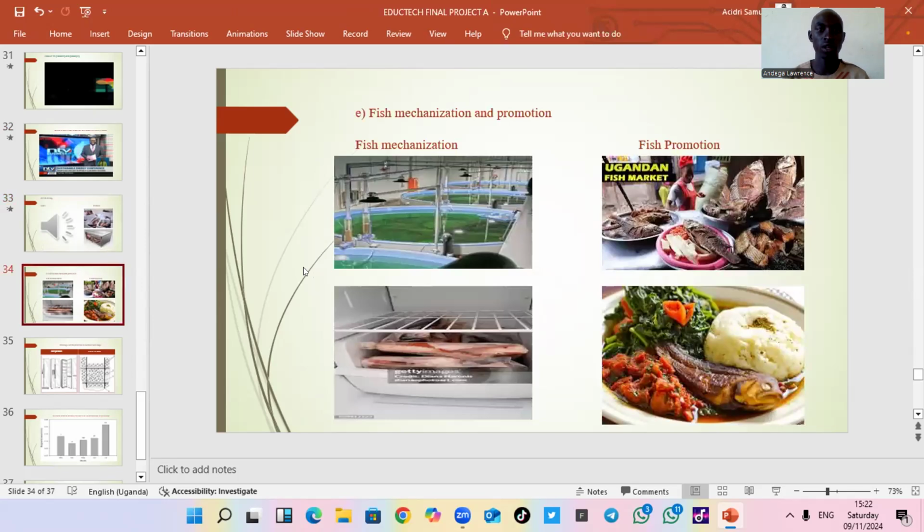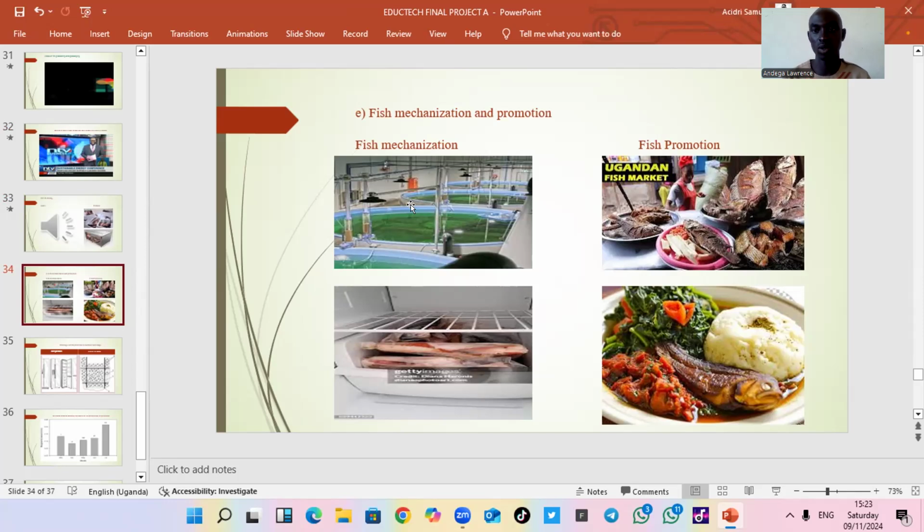And then under fish preservation, there is also fish mechanization. These are the facilities that are used to raise fish in East Africa. When we are talking about fish mechanization, we can see from this picture in East Africa that the fish have been raised in closed areas that are well structured, especially in the ponds that are put in structures.